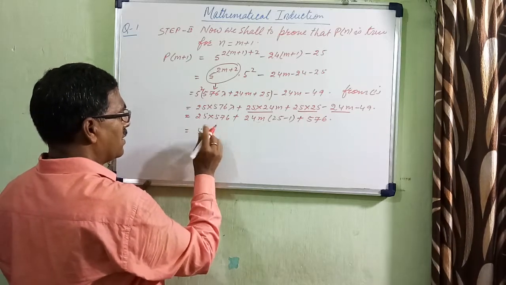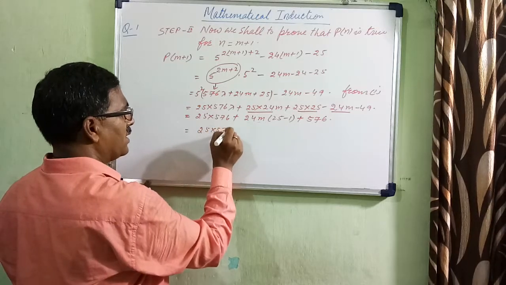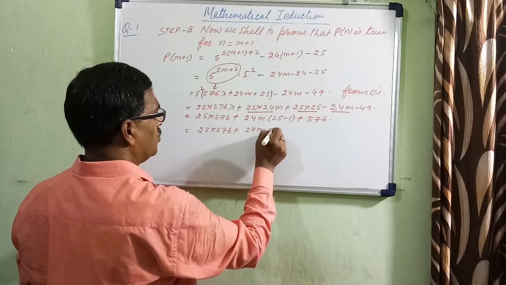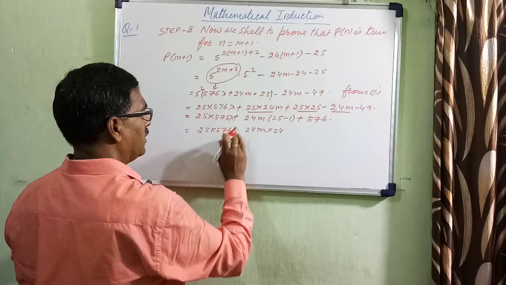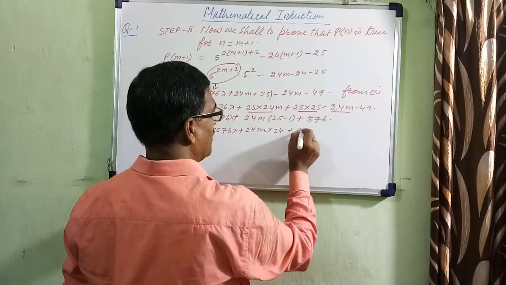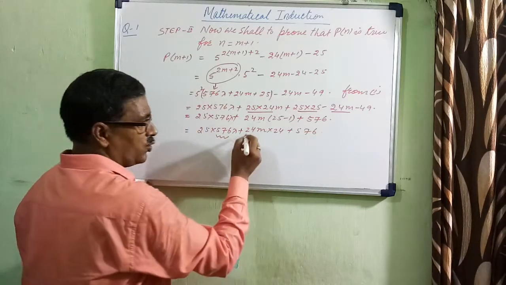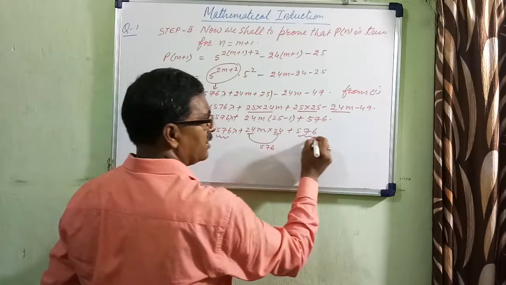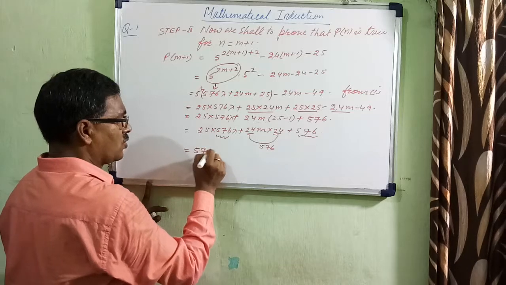Rather, one more step I will take: 576 plus 24m into 24, and it will be lambda plus 576. Now, can you tell me, is 24 into 24 equal to 576? Yes, so 576 is common.